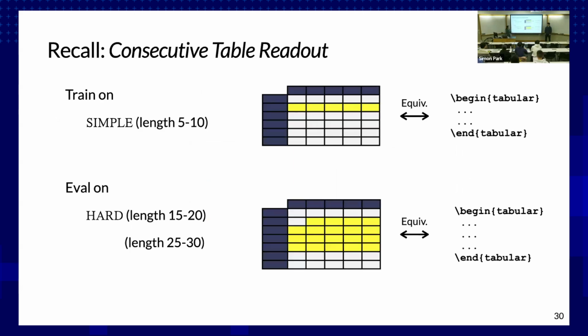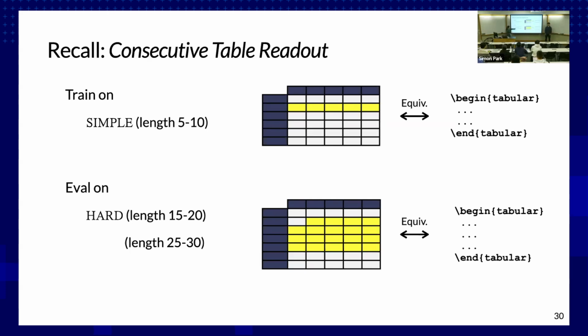So as Simon previously introduced, on this consecutive table readout, we train the models on the simple splits, which essentially consist of the smaller tables and require the model to read shorter sequences of cells, and then evaluate the models on the harder splits, which contain larger tables and require the model to read longer sequences of cells.